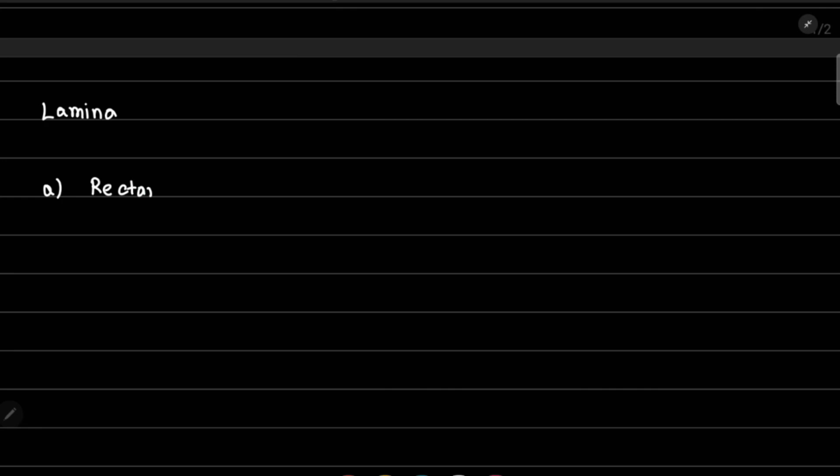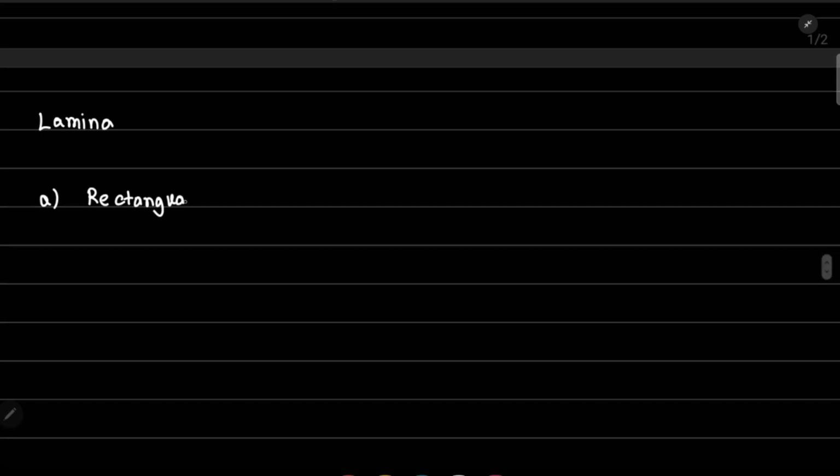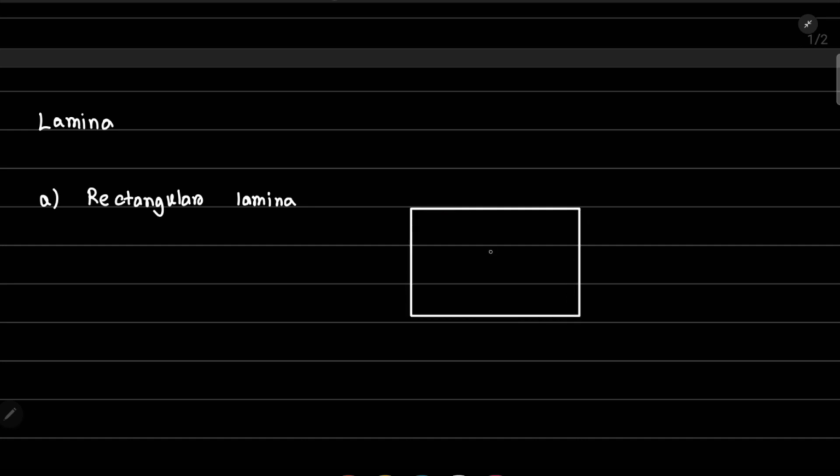For a rectangular lamina, so one like paper, so something like this, the center of mass would be at the point where the two diagonals join. So this is the center of mass.